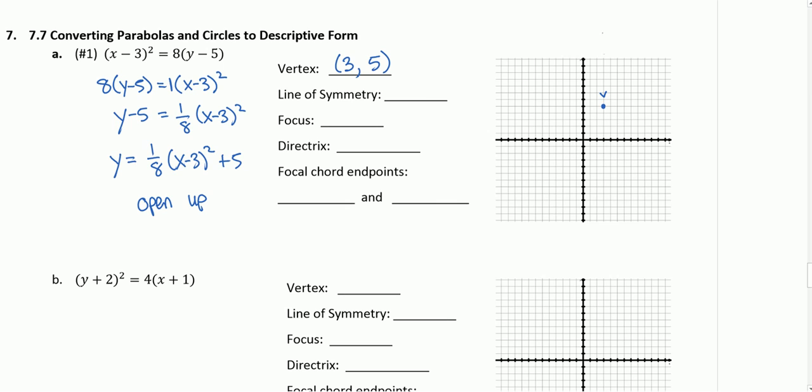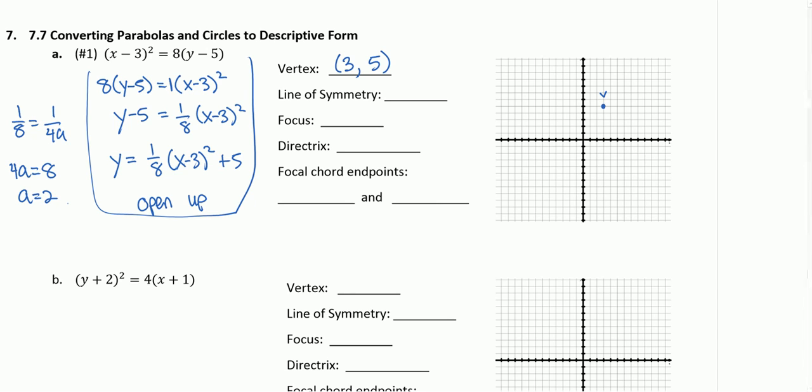Our axis of symmetry, well, I'll get to that. The focus comes from taking that 1/8 and setting it equal to 1 over 4a. So 4a is equal to 8, a is equal to 2, and a is the distance from the vertex to the focus.